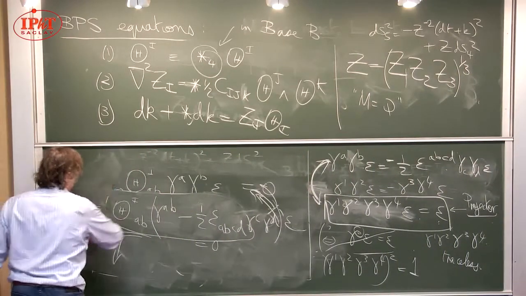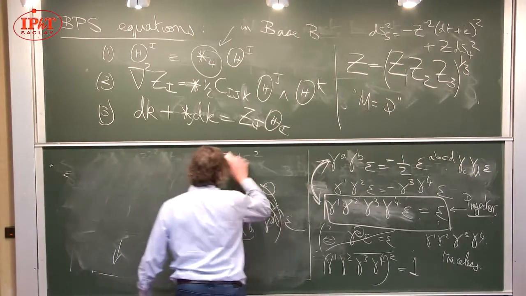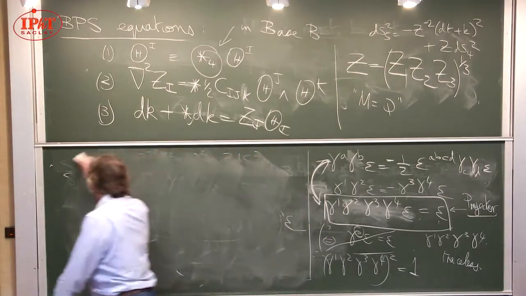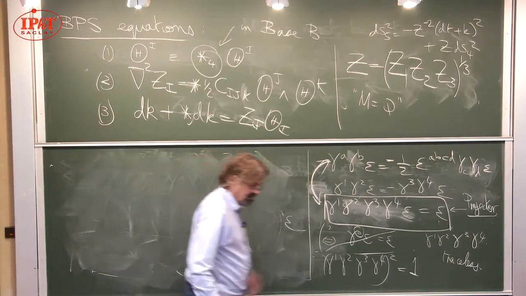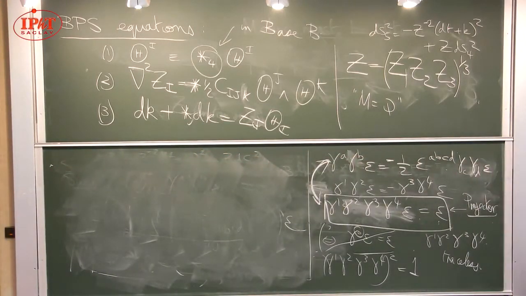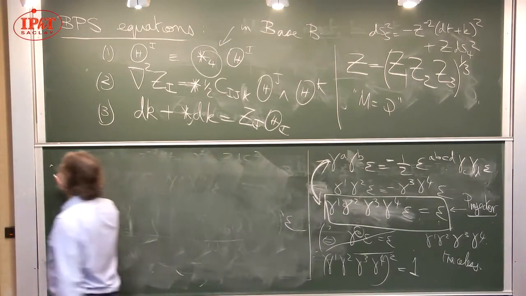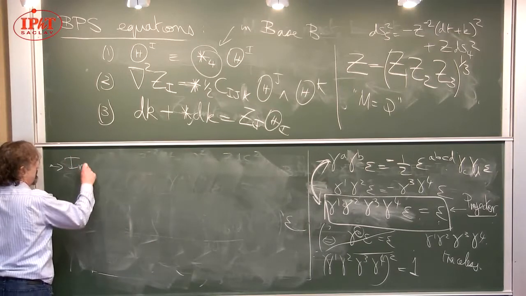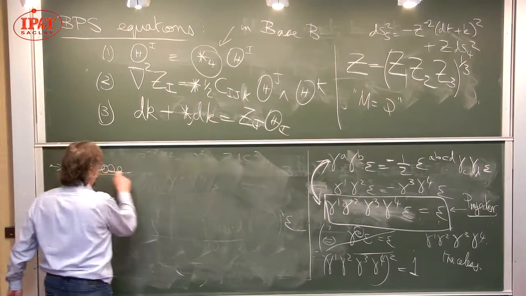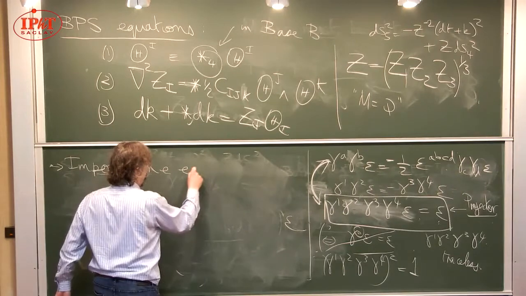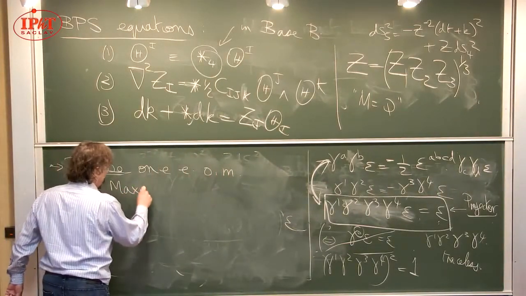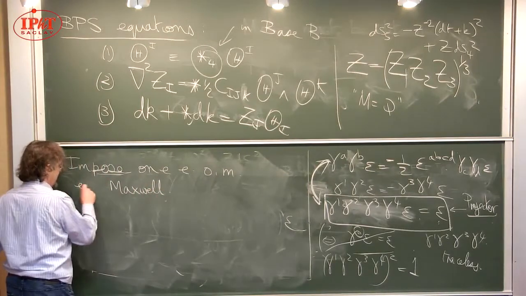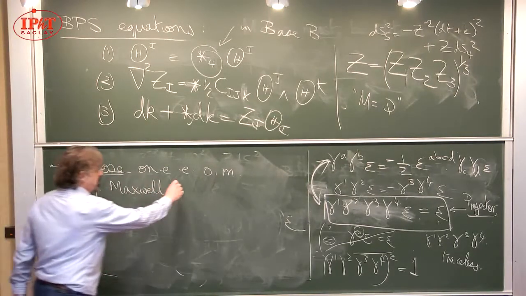Okay, now the next condition, equation 2. Remember what I said in the first lecture? That's a second order equation. That is an equation of motion. And so sometimes you have to impose at least one equation of motion. It's easiest done from the Maxwell equation. Equation 2 is part of the Maxwell equation.